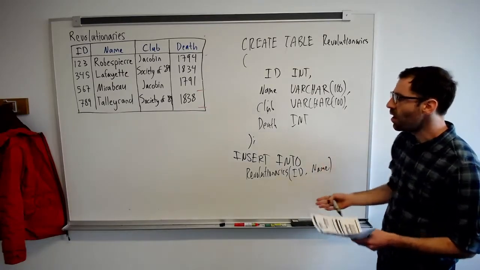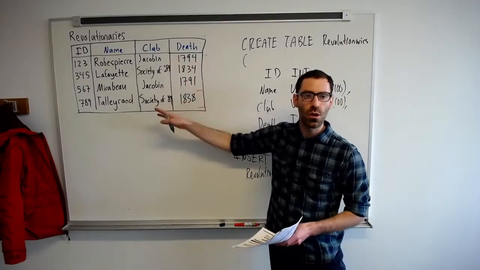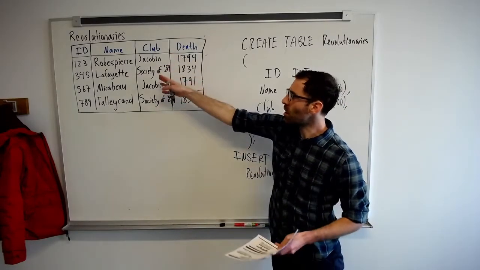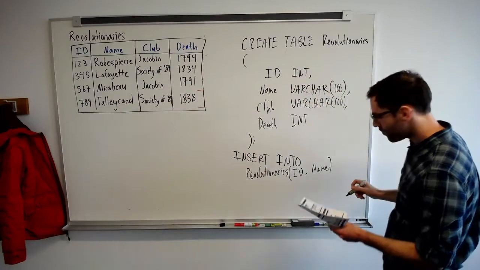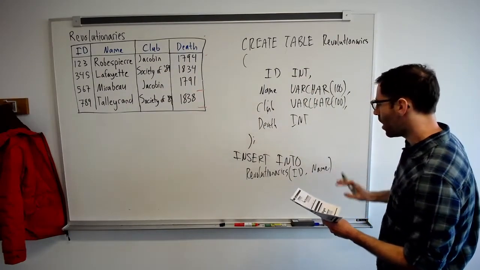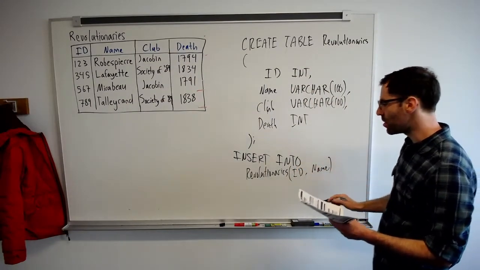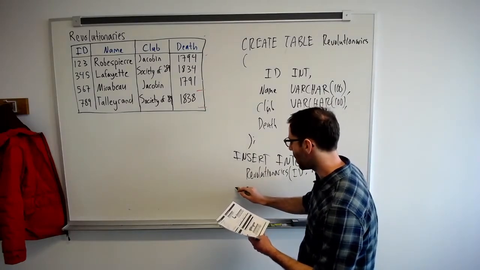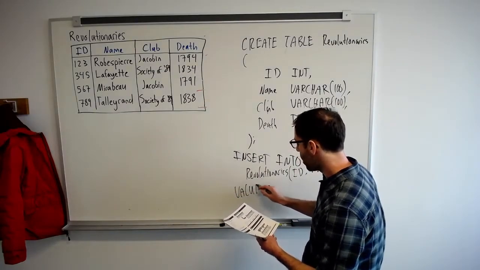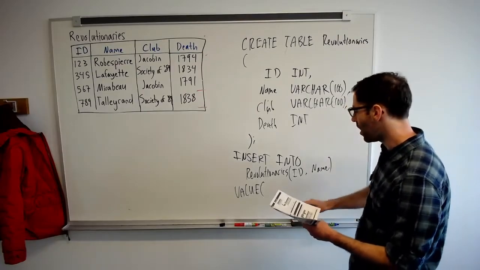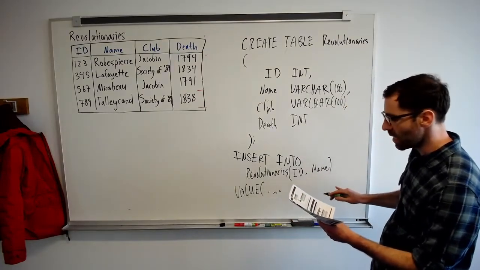This is an undying apolitical member of the table who has neither a club nor a date of death. And then after saying the table that we're inserting into, we would say values and then give the ID and name there.